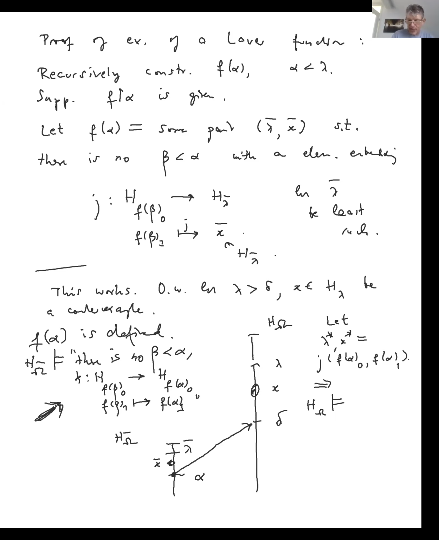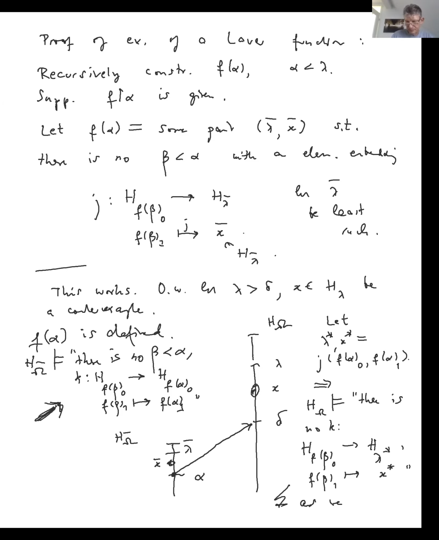So h sub omega will think that there is no k from some h f beta 0 to h sub lambda star, so that f beta 1 gets mapped to x star. But this is a contradiction as we have j.